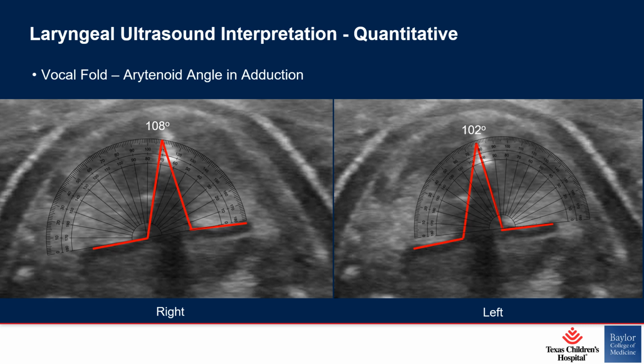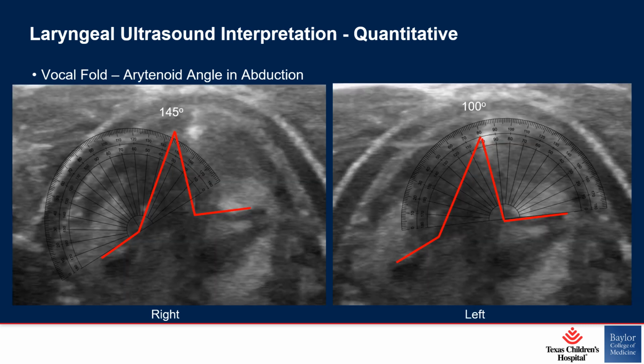Now, most ultrasound software has an angle measurement tool embedded within. Here you can see the right vocal fold in adduction has a vocal fold arytenoid angle of approximately 108 degrees and a left vocal fold to arytenoid angle of 102 degrees in adduction.